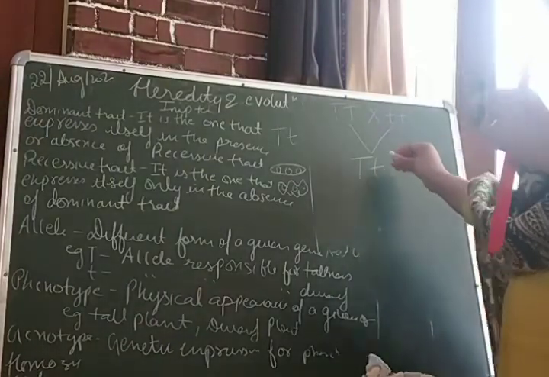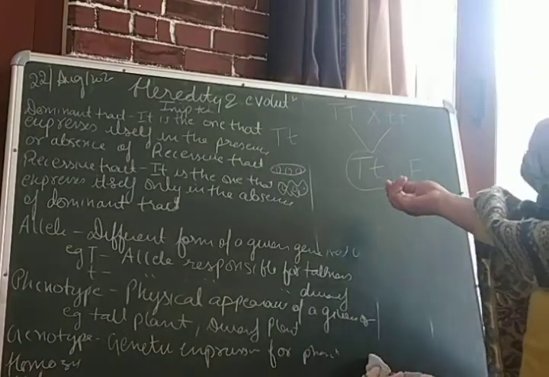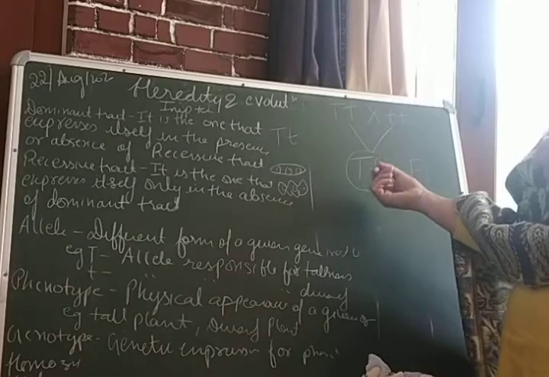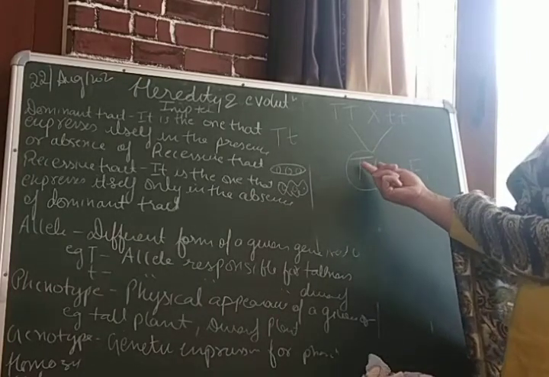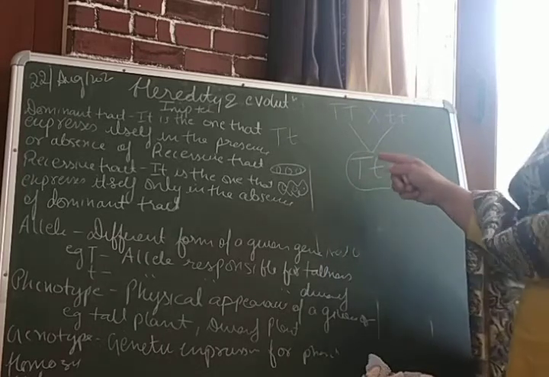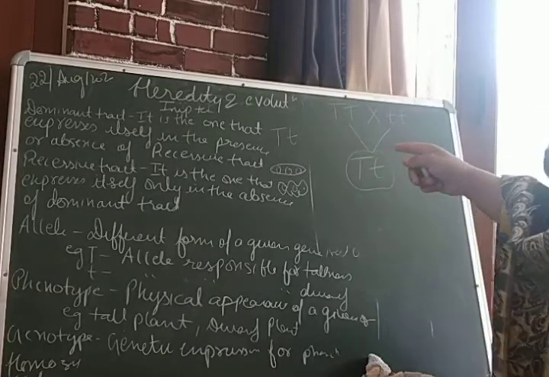Students, you need to tell me what would be the phenotype of this. Phenotype means how it will look, the physical appearance of this progeny. It would be capital T and small t. It means it would be tall, because we have studied that tallness is the dominant character.